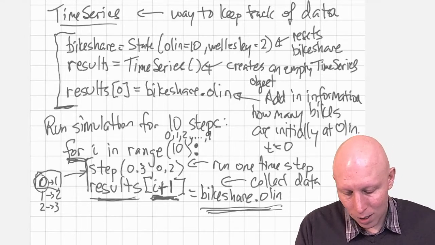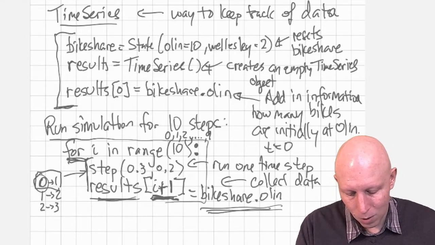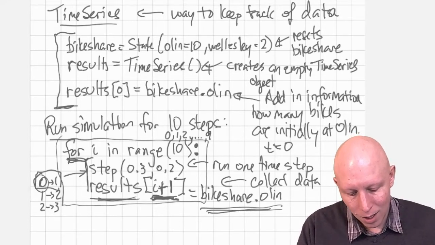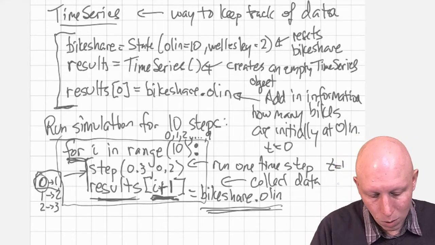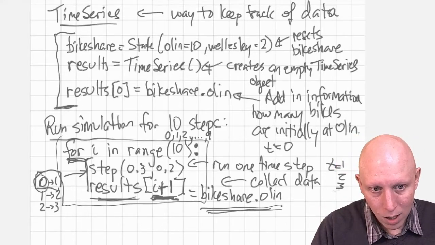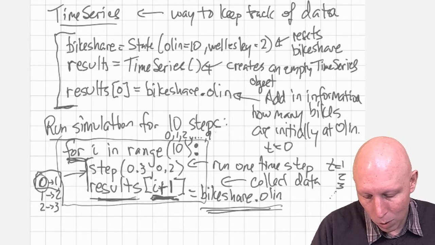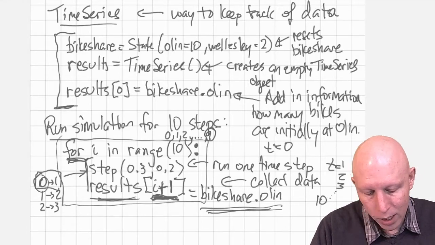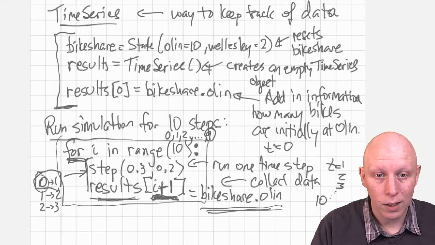So this code is going to put in the information at time t equals 1, t equals 2, t equals 3, up to when i is equal to 9. When i is equal to 9, we plug in and we get results of 10. So t goes from 1 up to 10.